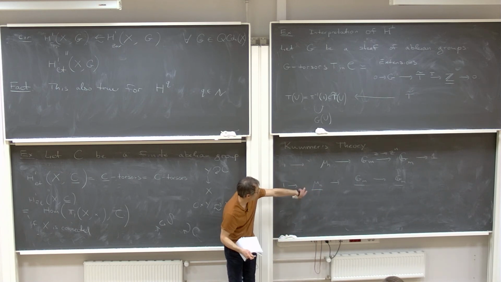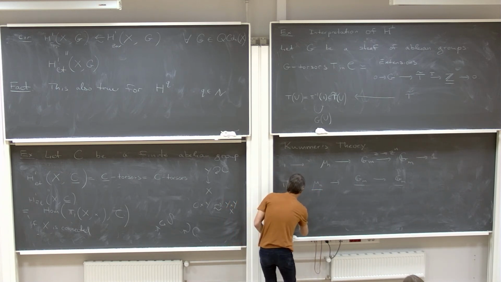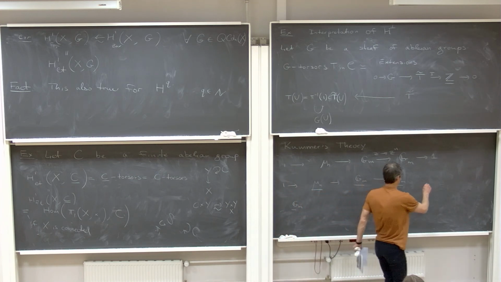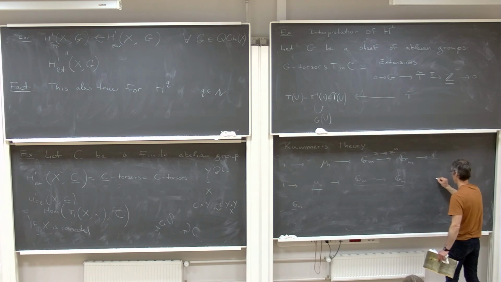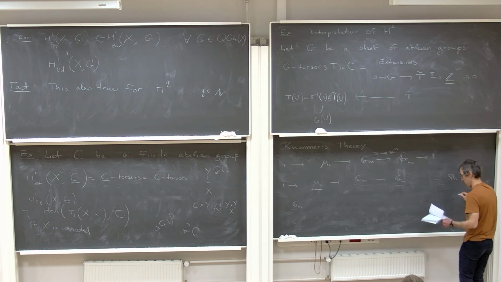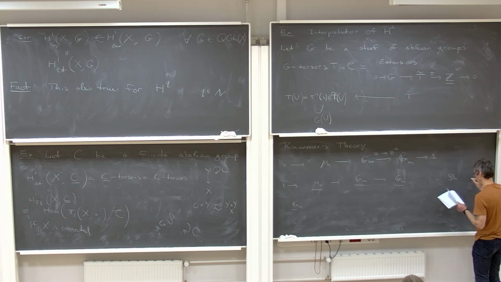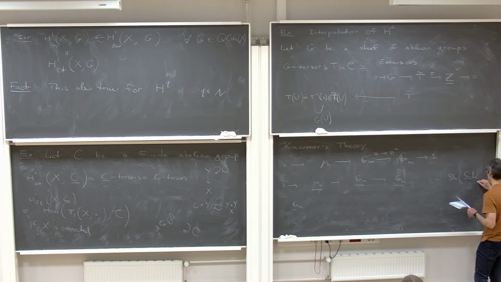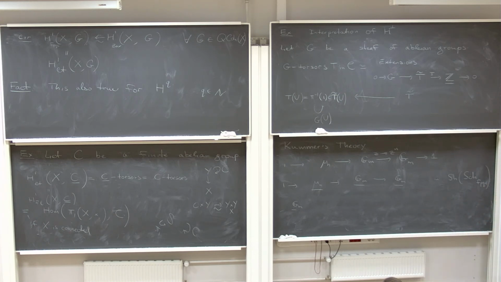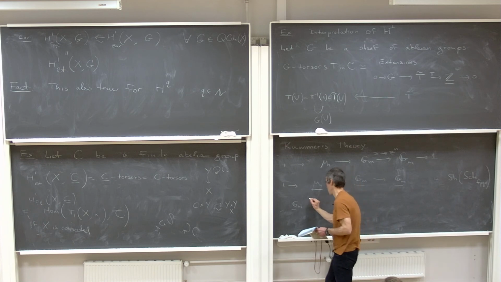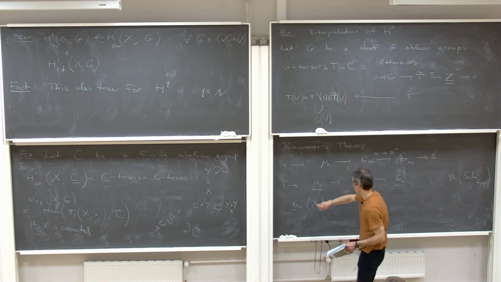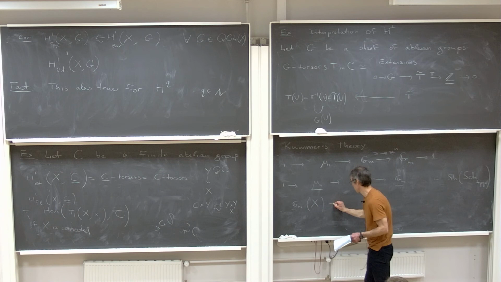So what are these sheaves explicitly? Well, G_m, so this is an exact sequence in the category of sheaves, say, I can take sheaves on all schemes in the fpqc topology. So what is this sheaf? The values of these sheaves at X are just invertible functions.